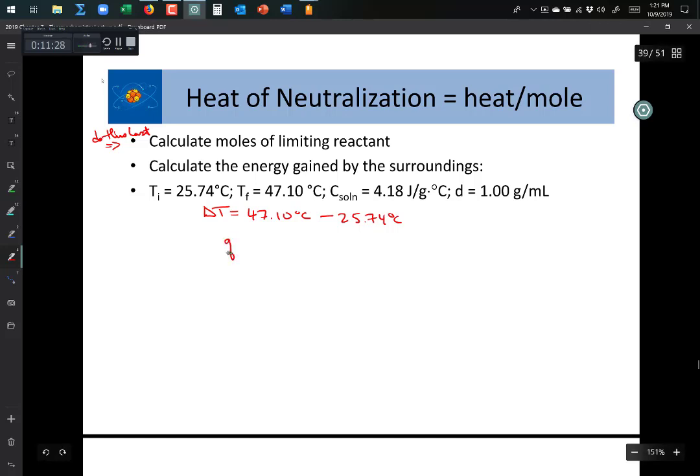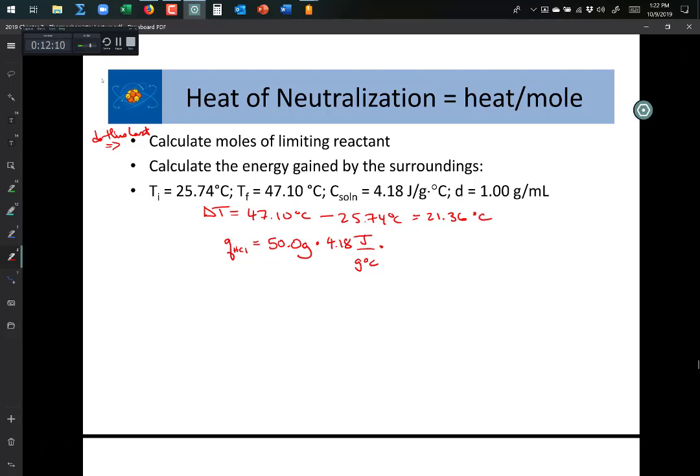Now Q for the HCl would be 50 grams, and I got that from the previous data, right? It's on the other slide on your handout, times 4.18 joules per gram degrees Celsius, and then I need what delta T is, so I'll calculate that out real quick. It's 47.10 minus 25.74. That's 21.36. And that'll be the same for both solutions.